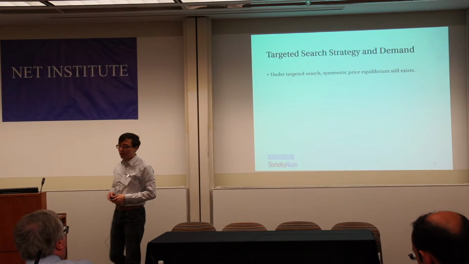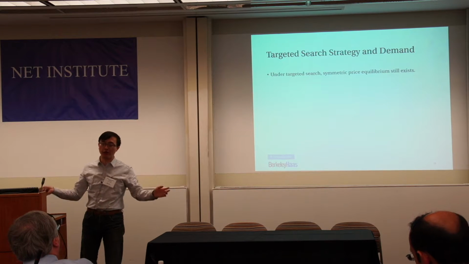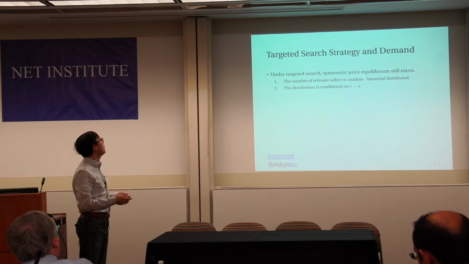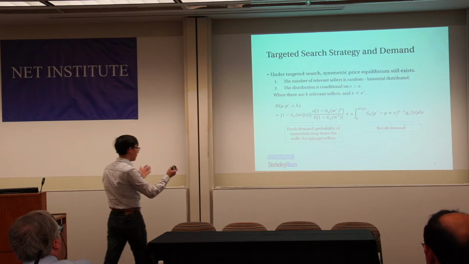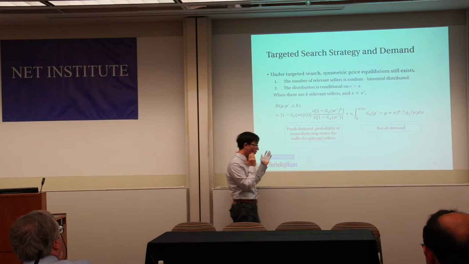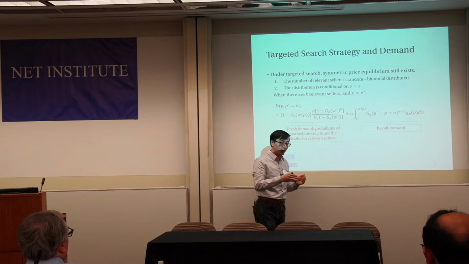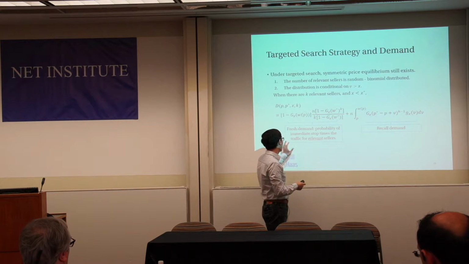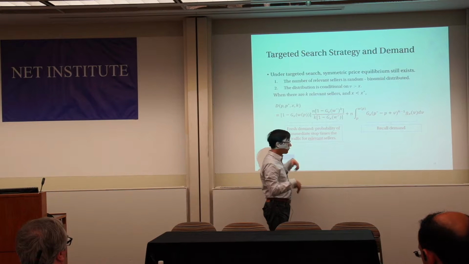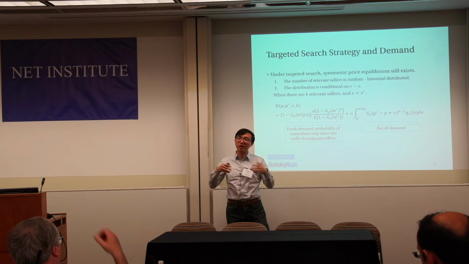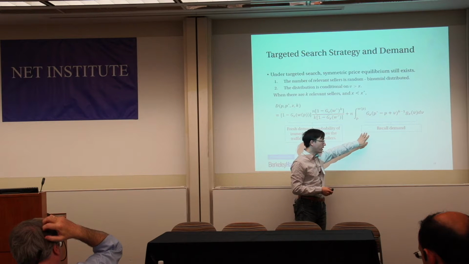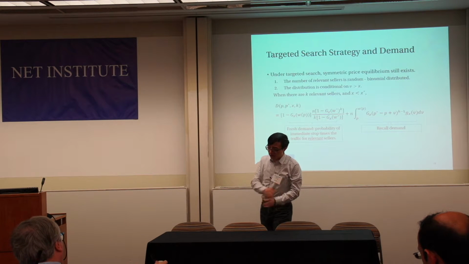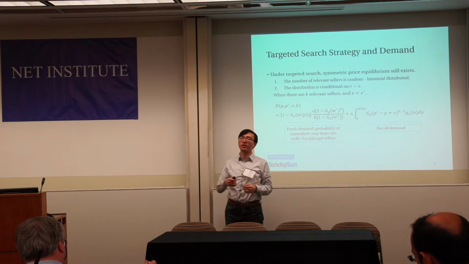Okay. Now, building on this consumer search strategy, we can easily use that to get to the demand function, and the demand has the usual two parts. If you compare that with the original Wolinsky model, it has the same two parts: the flash demand, which is the probability that the consumer is going to stop immediately, plus the recall demand, which is the demand that the consumer is going to exhaust all the options and recall this listing.